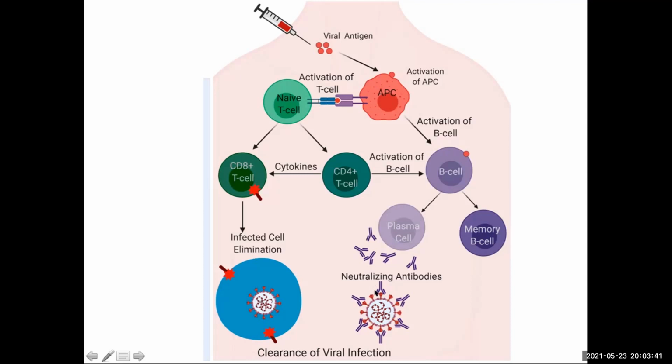They can go and bind to the virus next time and destroy it. So that is how it works. In immunization, we train our immune system to identify this antigen and produce antibodies. This is how it happens.